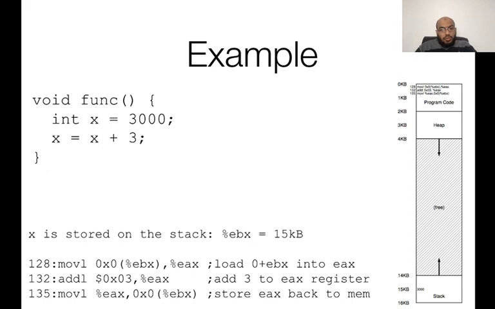So what you start doing is that you allocate x, you store x in the stack, at line 15 KB, 15,000, and you store 3,000 there.